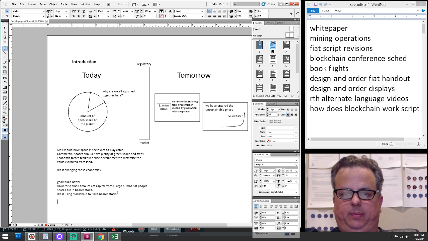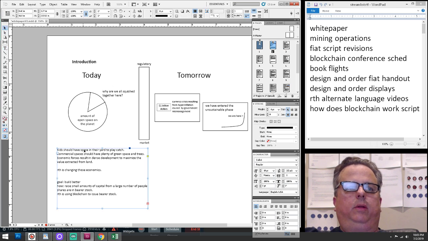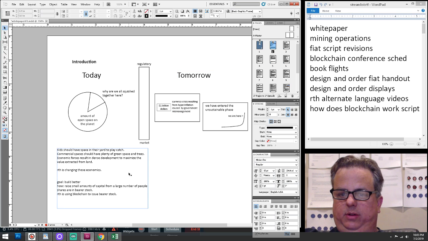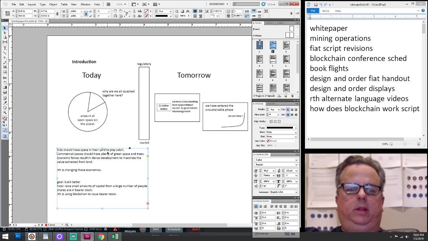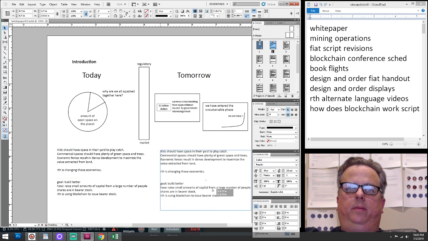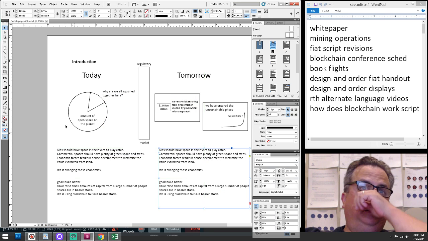And so tomorrow, then we have to deal with the tomorrow section here. We need a brief sentence that talks about tomorrow.